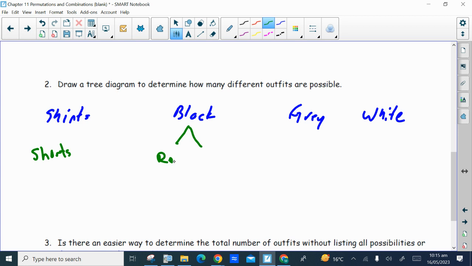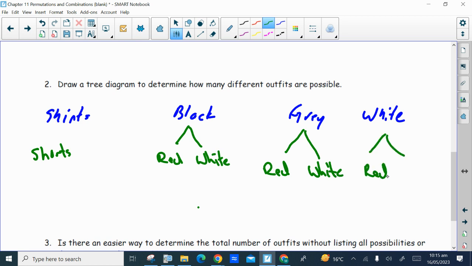For each choice of shirt, you have 2 options for the shorts. And then, for each choice of shirts and shorts, you have 2 choices for the sandals, black or gray. So I'll write BL for black and then G for gray.